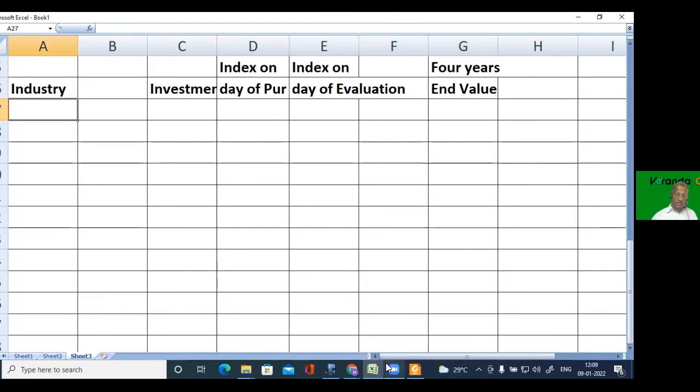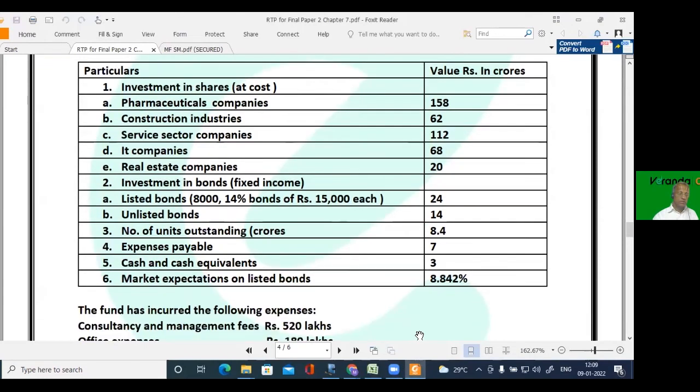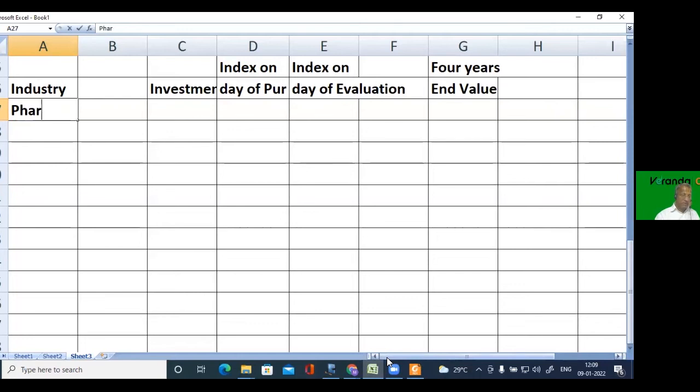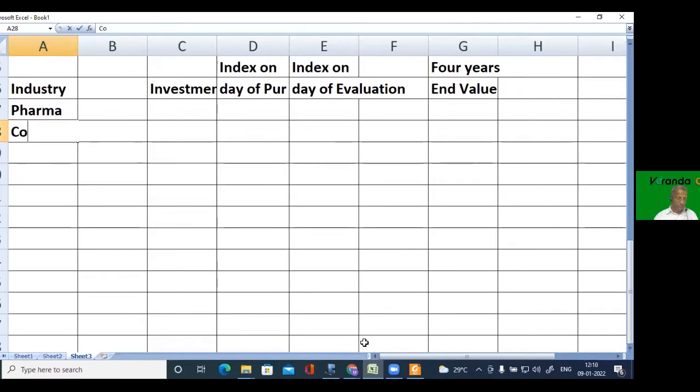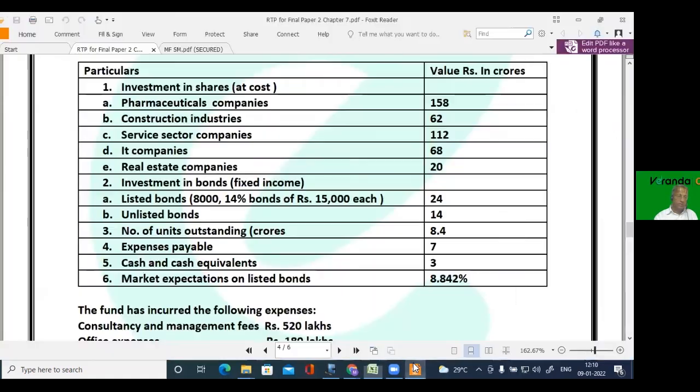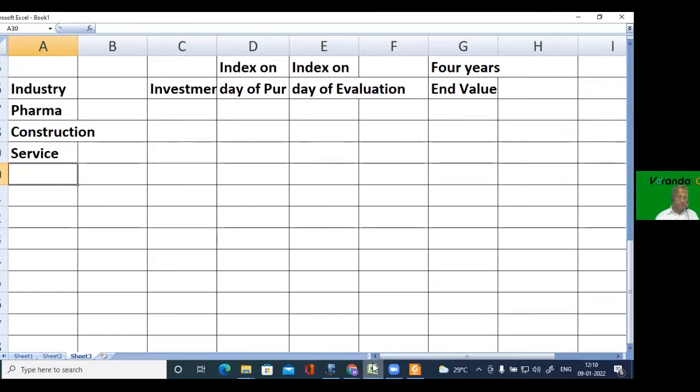What are the industries? Pharma, real estate, service sector, sorry, construction company, service, IT, and real estate.